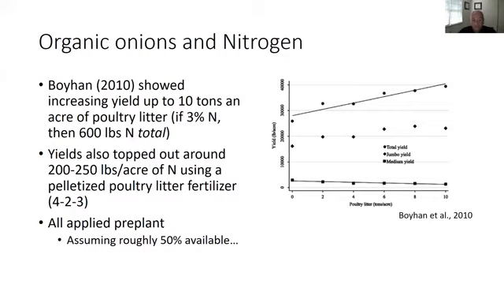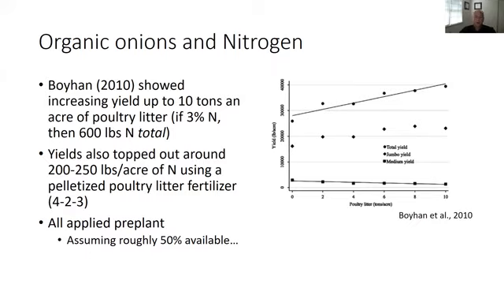Using a pelletized poultry litter fertilizer in that same study, a 4-2-3, yields topped out with about 200 to 250 pounds an acre of N. So in that instance, the pelletized litter fertilizer was most likely much more available compared to the poultry litter, because you were able to achieve high yields at around a third the rate.